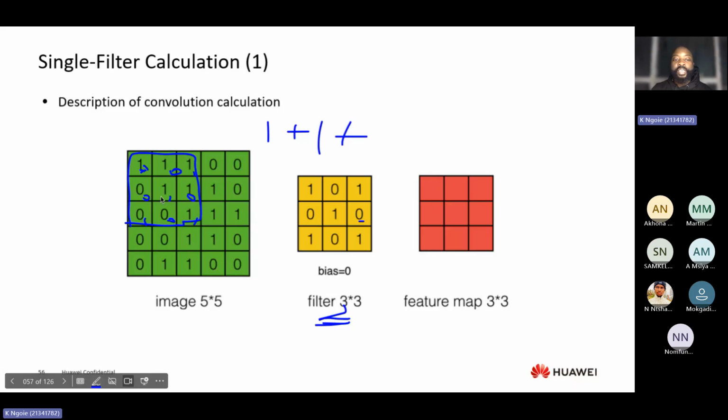Plus, we go down here, 0, plus 1, plus 0 again. Down here, we have 0, 0, and then plus 1. You understand that? So this is 1 times 1, gives us 1. 1 times 0 is 0, so we didn't put it. In total, we have 4. So the first scan of the kernel here gives us a value of 4. And then we take the second one. Second one will be here.